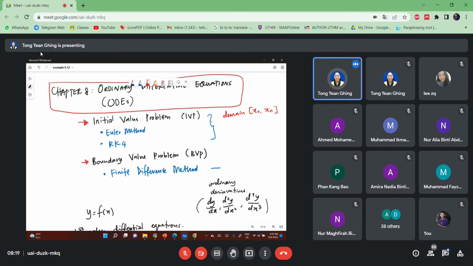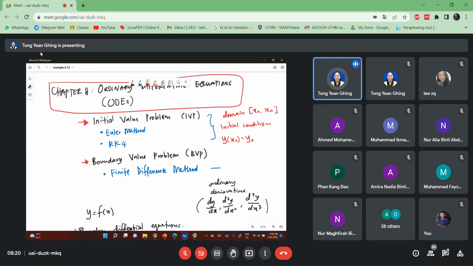In the middle we can have x1, x2, x3, and so on until xn. But the first value of y is given. That means the initial condition y naught is given, and then we have to find the other values, when we have the same step size.